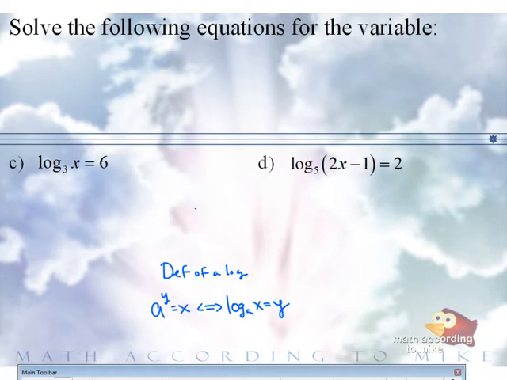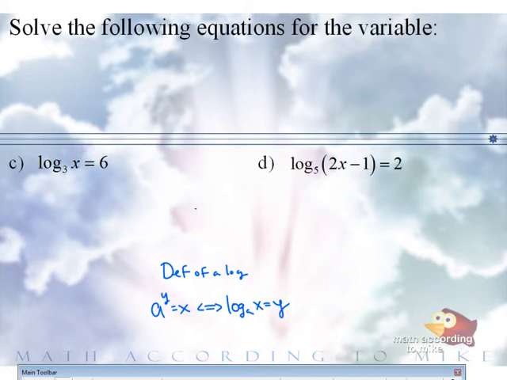C. Log base 3 of x equals 6. Notice our variable is trapped in a logarithm. There is no way we can solve for it unless we write it as an exponent. So we need to make it look like an exponent.